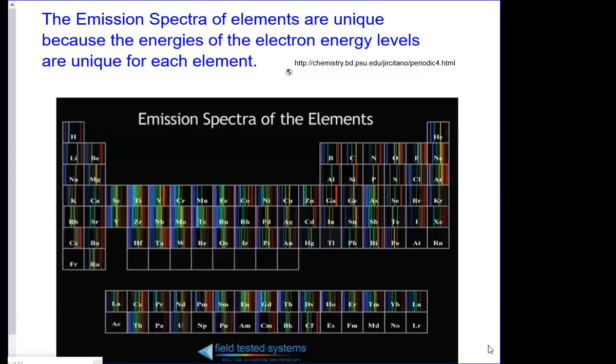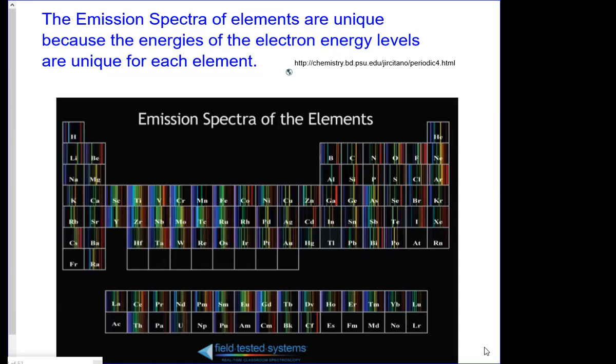The emission spectra of elements are unique because the energies of the electron energy levels are unique for each element. Listen to that again. The emission spectra of elements are unique because the energies of the electron energy levels are unique for each element.